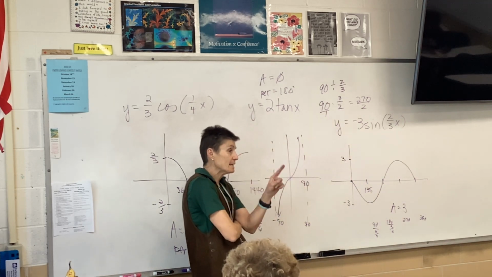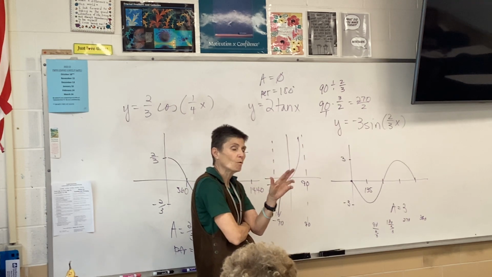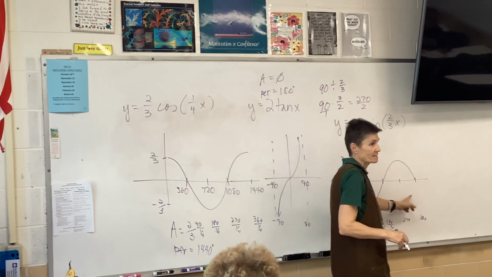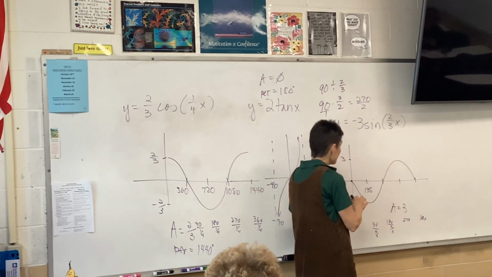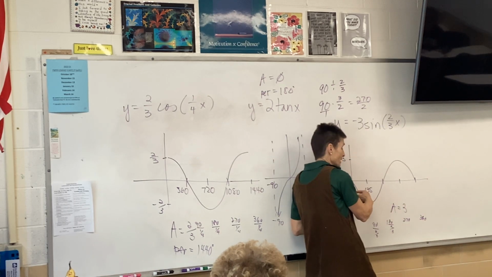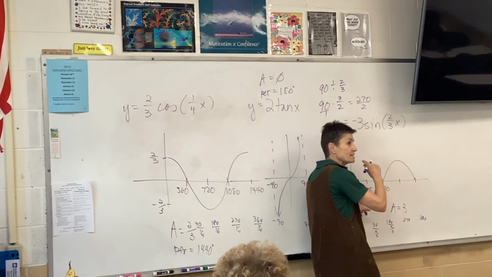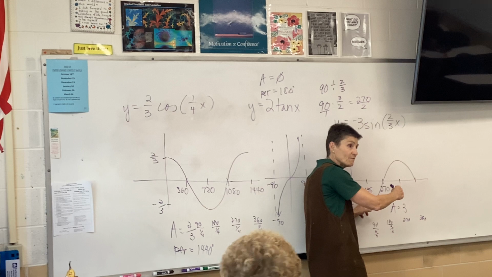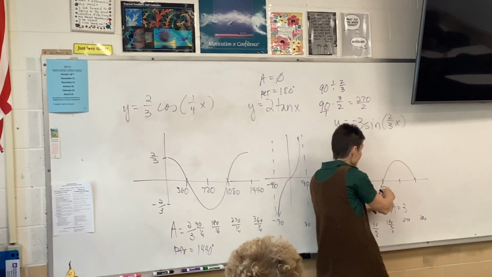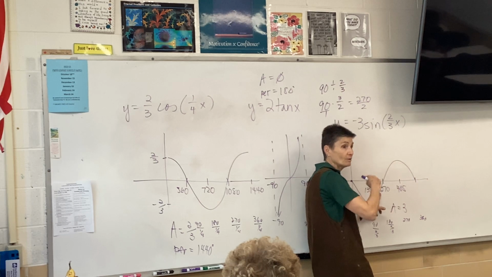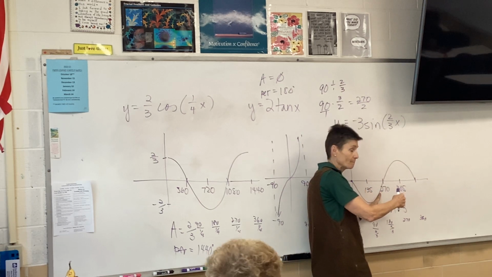Now, I'll give you a little hint. I don't think we've talked about this before, but you probably have noticed it. These are all evenly spaced. So as soon as I put a 135 there, I know this one is going to be 270 because it's another 135.